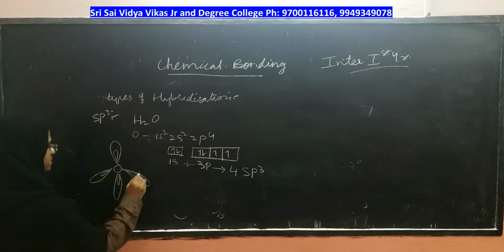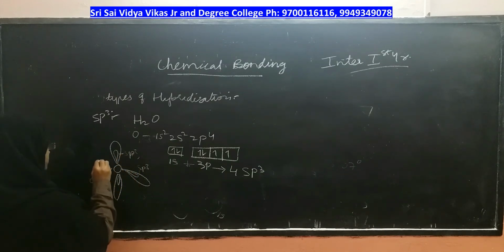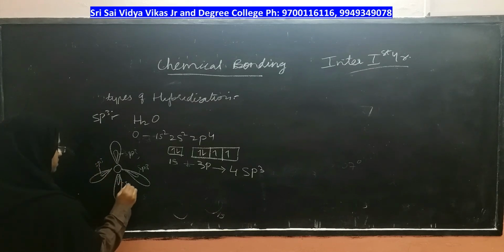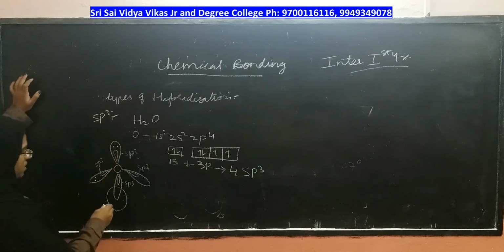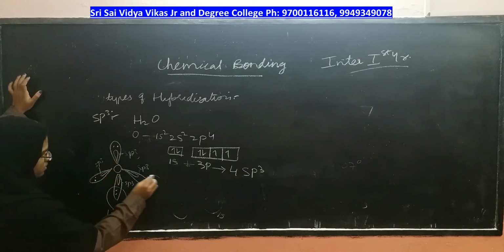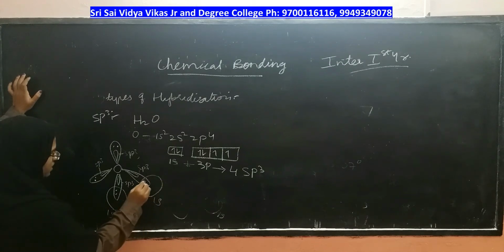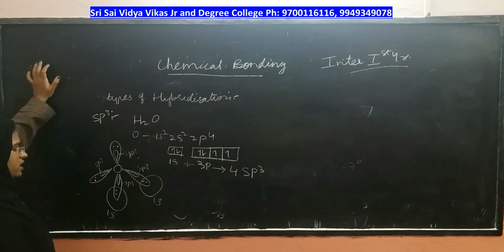This is sp3, this is sp3, this is also sp3, this is also sp3, right. Out of that, an electron pair is present here, an electron pair is present here. The leftover ones overlap with what? Hydrogens. One electron of one hydrogen pairs with an electron, one electron of another hydrogen pairs with an electron, right. 2 bonds are formed. What should the bond angle be for tetrahedral shape?